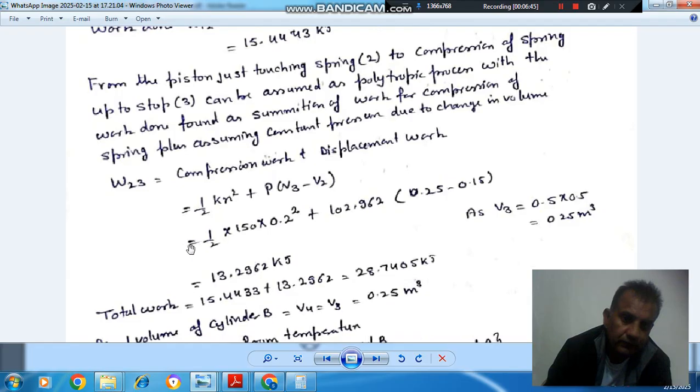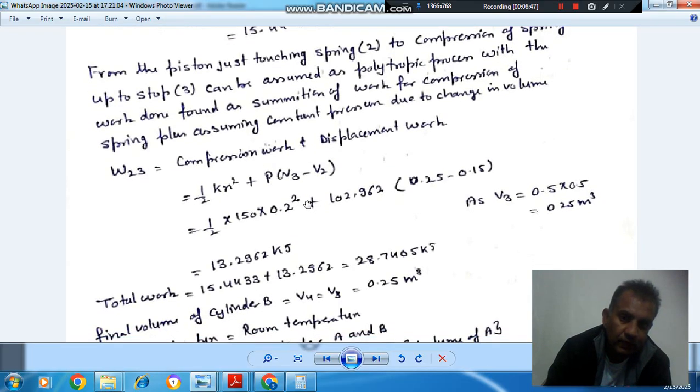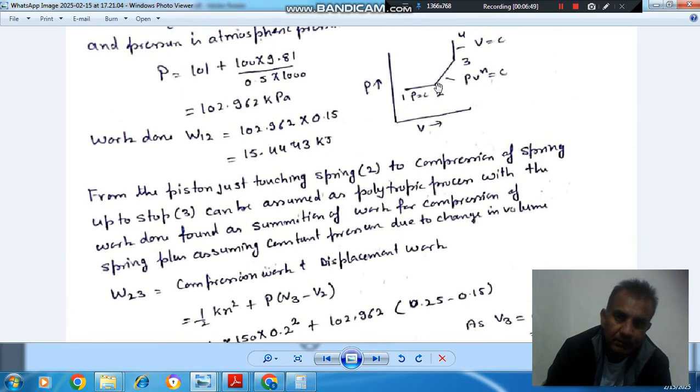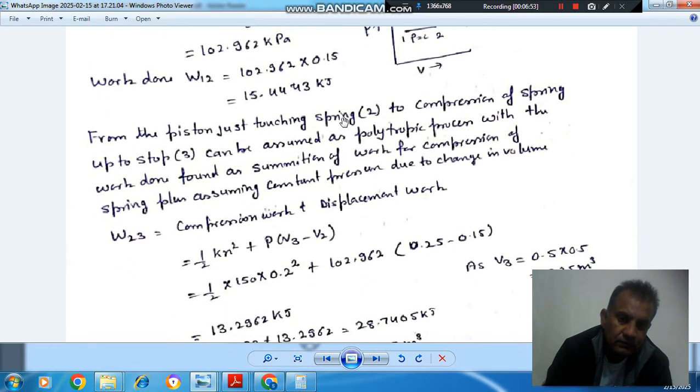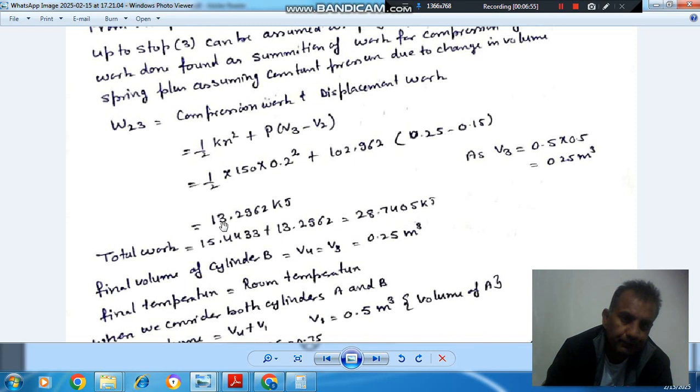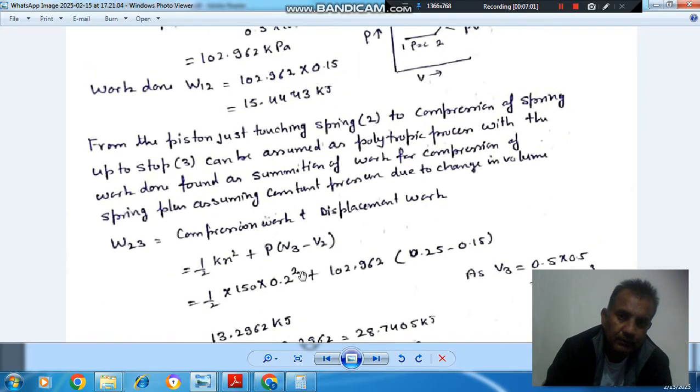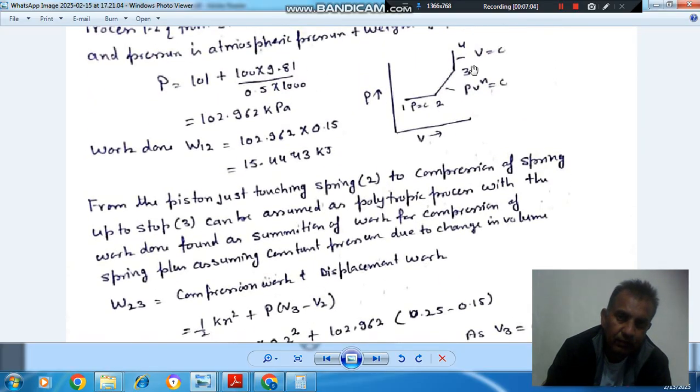That is the work done during the process in total. In a PV diagram it will be written as PV to the n, where n is the polytropic index. So work done comes as 13.2962.